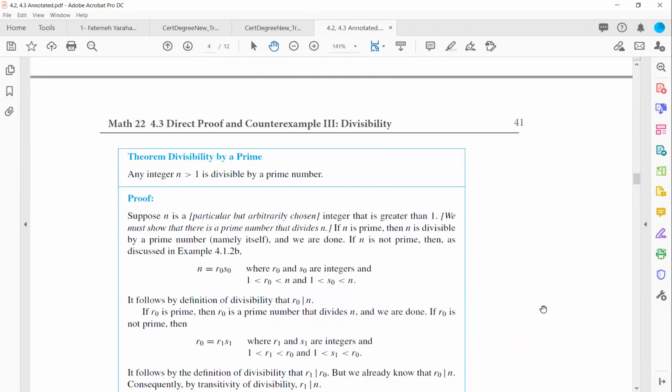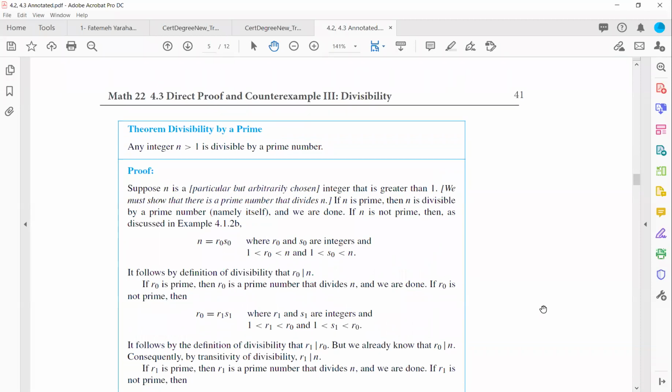Next theorem, divisibility by a prime. This is a very beautiful theorem. Any integer greater than 1 is divisible by a prime number. Perfect.